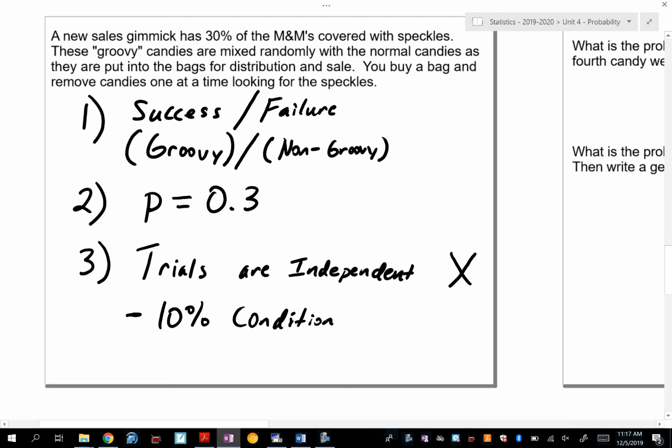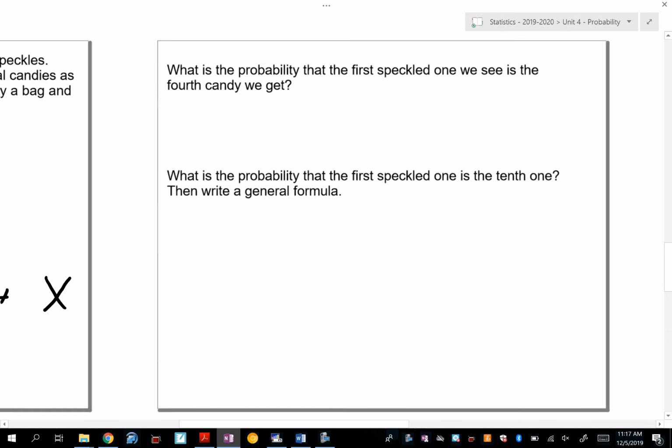Okay, so now let's answer some questions based on this Bernoulli trial. Okay, what's the probability that the first speckled one is the fourth candy we get? So I pull one out, not groovy. I pull another one out, not groovy. A third one out, not groovy.